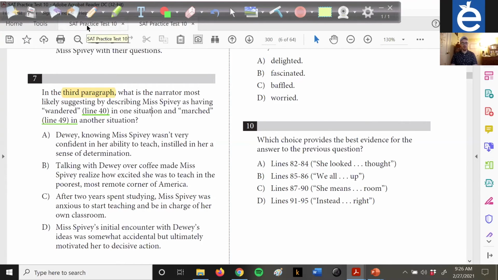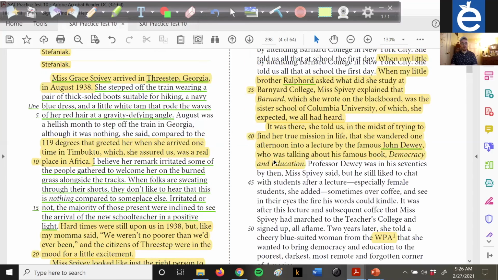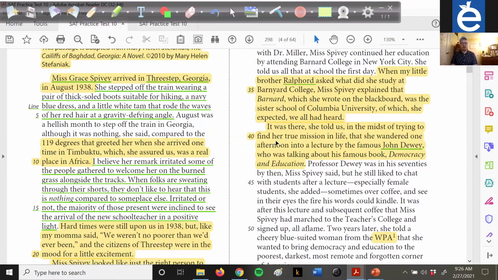Well, let's find those words. You'll probably want to read that whole third paragraph. It was there, she told us, starting on line like 39, in the midst of trying to find her true mission in life, that she wandered one afternoon into a lecture by the famous John Dewey, who was talking about his famous book, Democracy and Education.